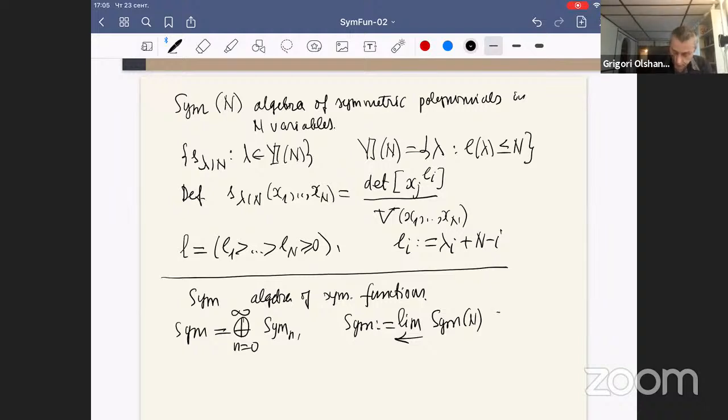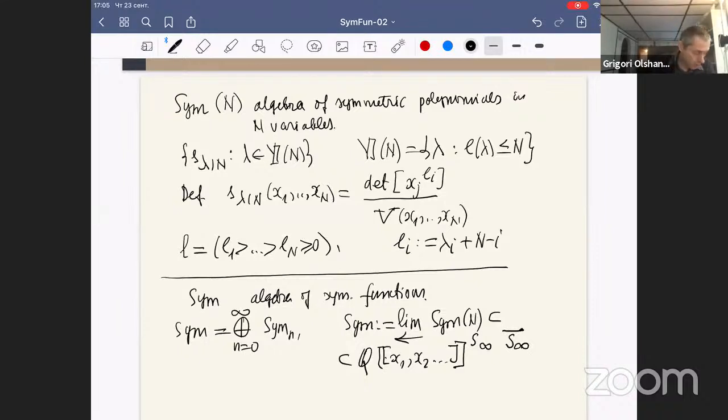And it is also contained, take, say, the base field of rational numbers. These are formal power series in infinitely many variables, which are symmetric with respect to the action of the finitary symmetry group or the complete symmetry group, does not matter.